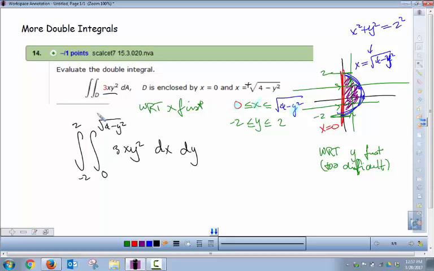Most of these in the homework will have you set up an integral that is manageable. You don't need anything fancier than u substitution. If you have to use anything fancier, you should take a look at it again and make sure you're doing it correctly, because most of them are just going to be a simple u sub. This one should be a simple u sub after you do the integral with respect to x.